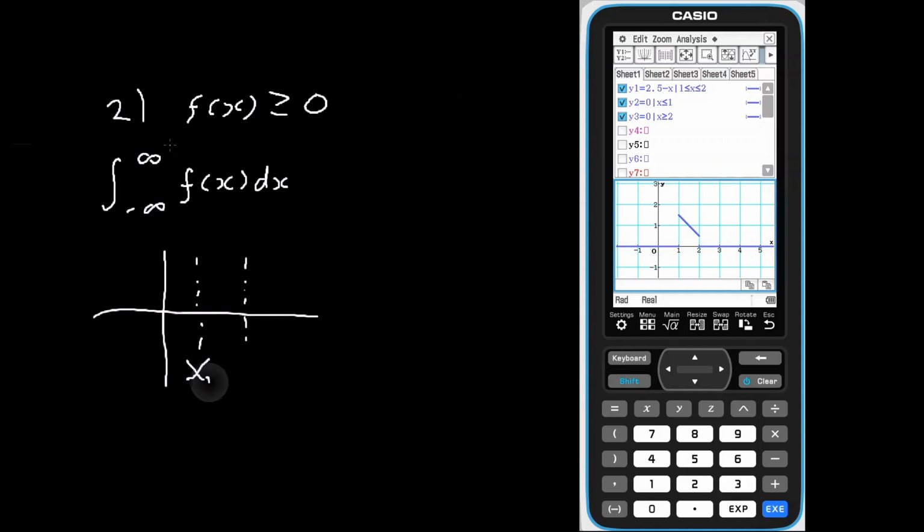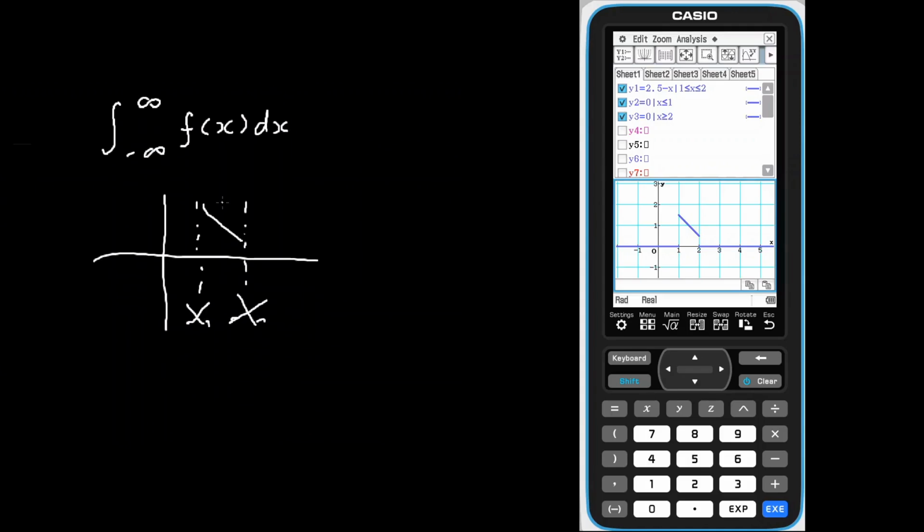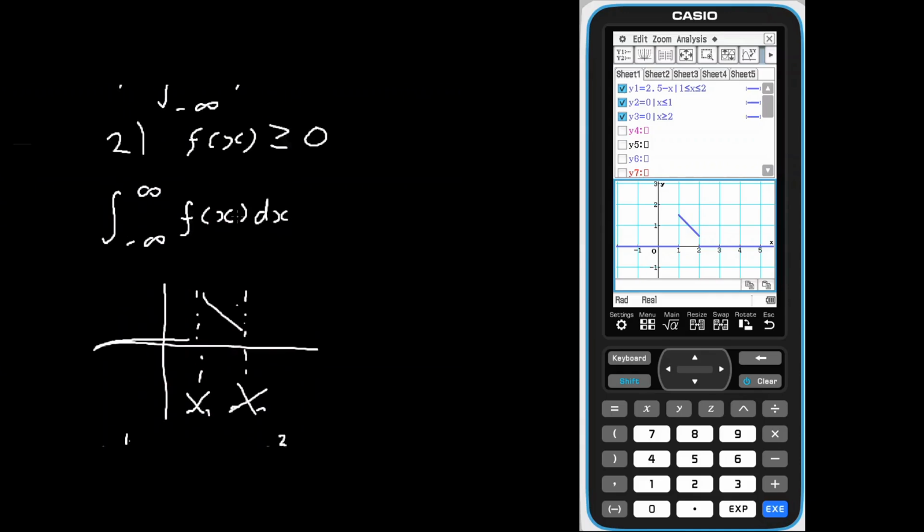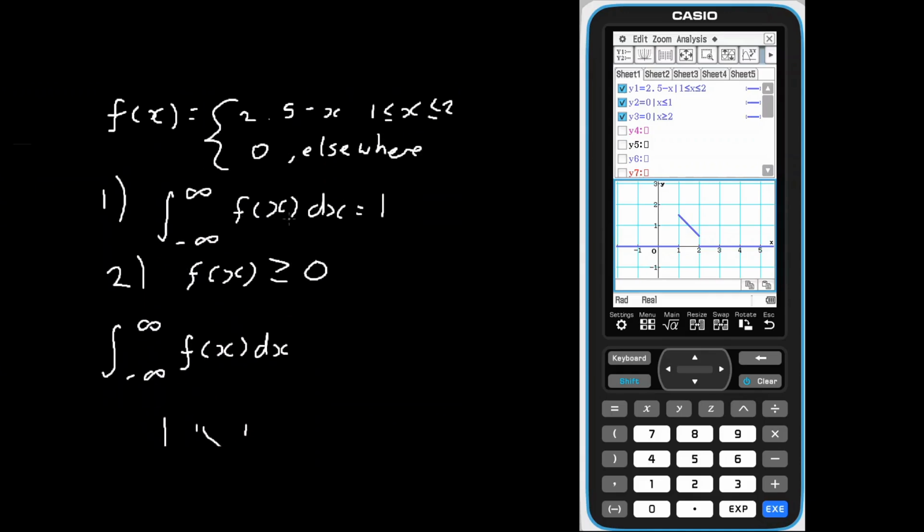So we draw a little scissors, and we're going to cut this function so that now the integral goes from negative infinity to 1, and it's always 0 because this is this bit over here. And then we say plus 1 to 2 for the actual normal function, which is our 2.5 minus x.